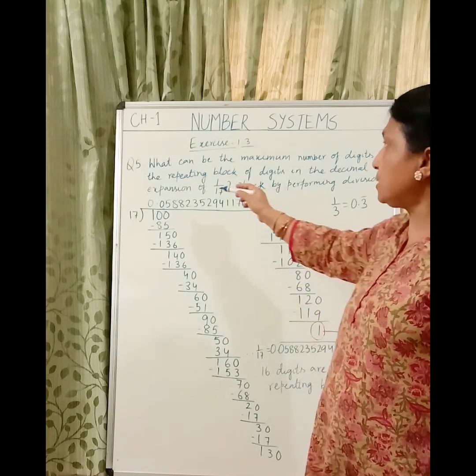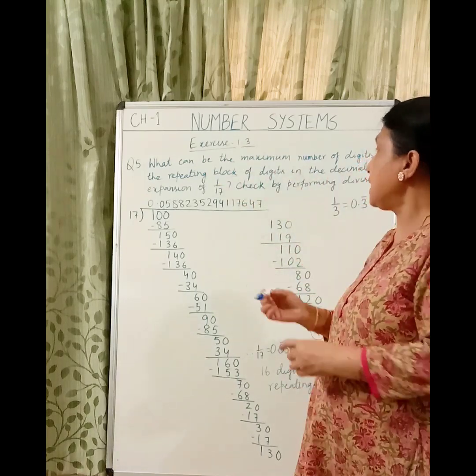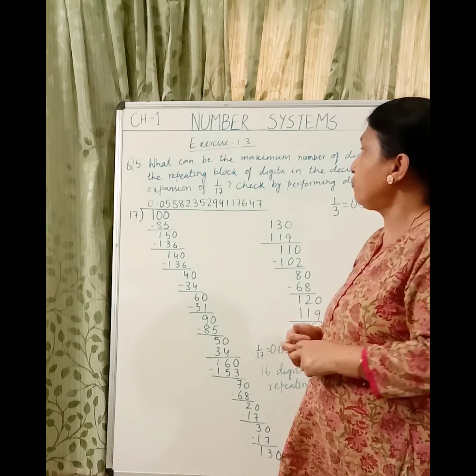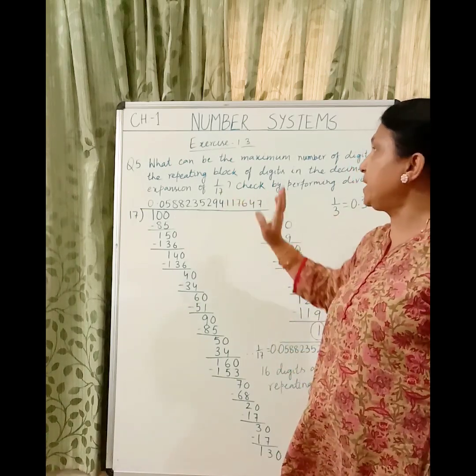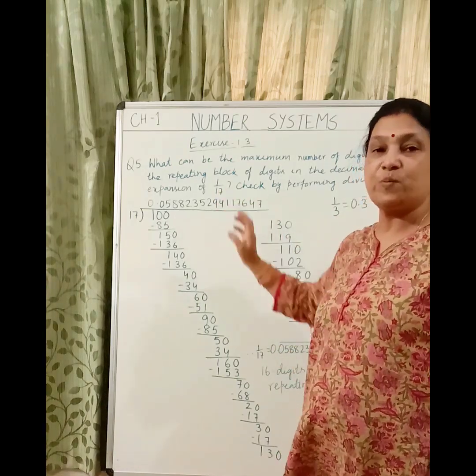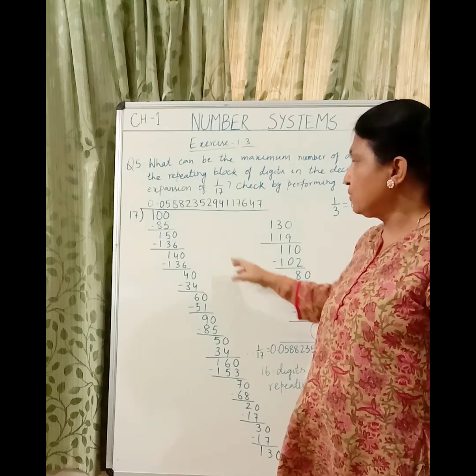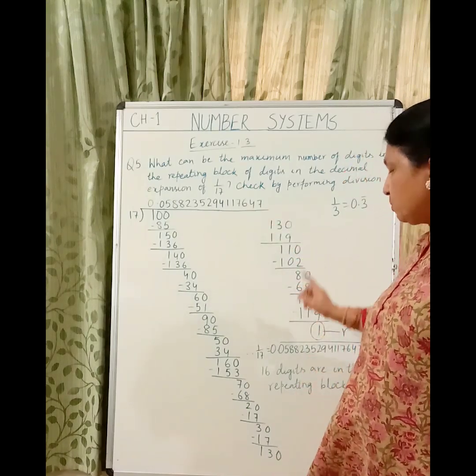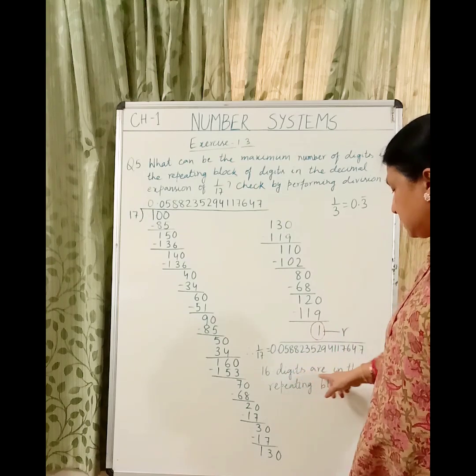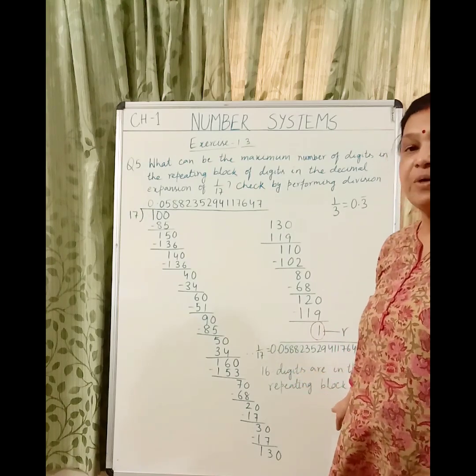So here the question is, what is the maximum number of digits in the repeating block of the decimal expansion of 1 upon 17? So how many digits are there in the repeating block? We have 16 digits in the repeating block.